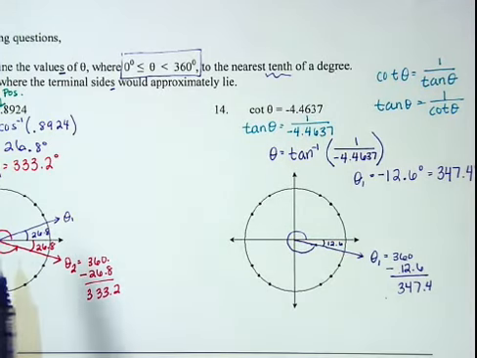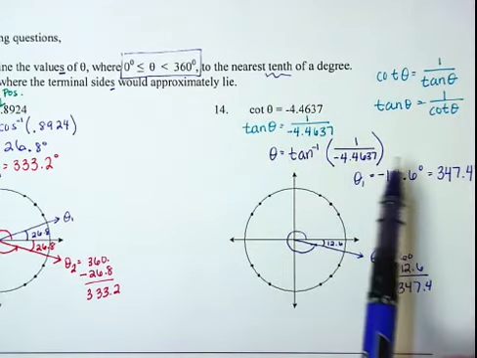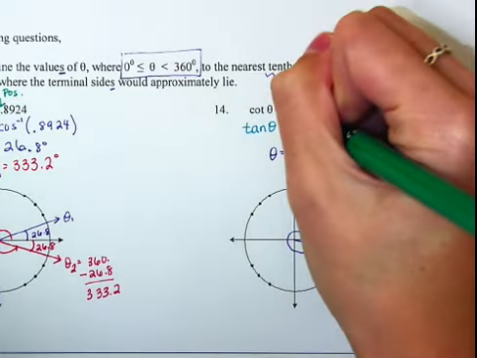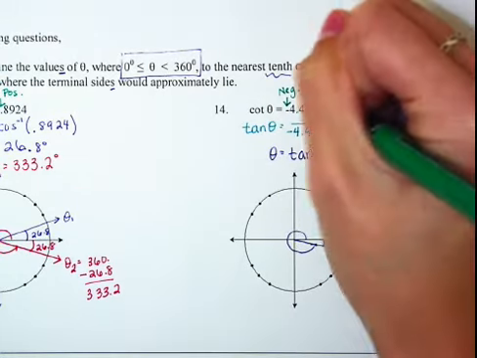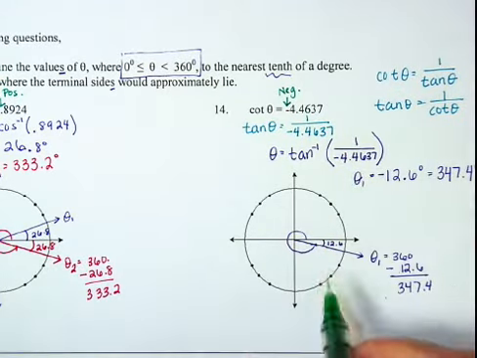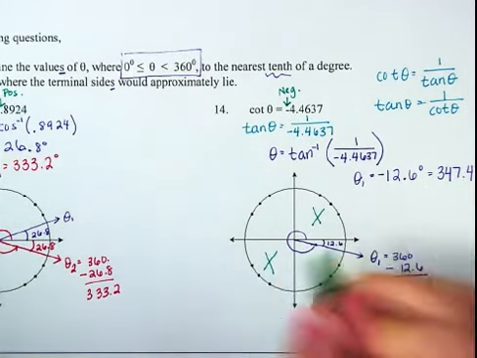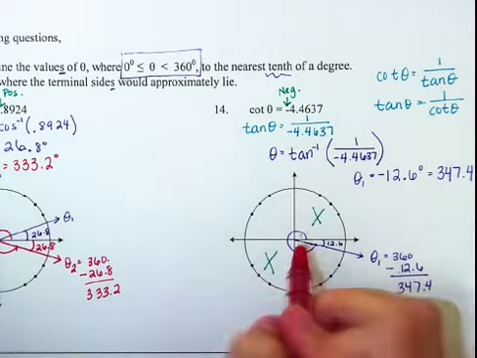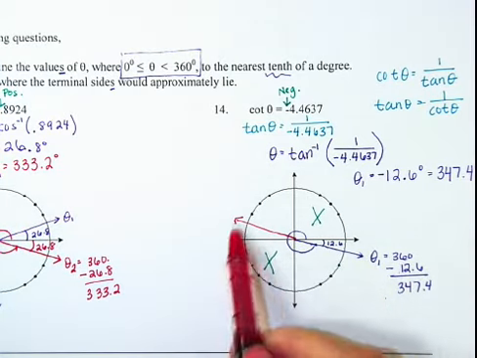Remember, there's two different places that this value of cotangent could exist. So let's go back. I notice that my value of cotangent is negative. So because of that, cotangent is negative in the fourth quadrant, but not in the first and not in the third. So that means it's also negative in the second quadrant. To figure out where that angle is, your reference angle is going to be the same and it's symmetrical, so it's going to be close to the x-axis.